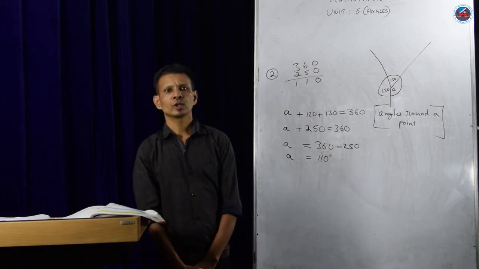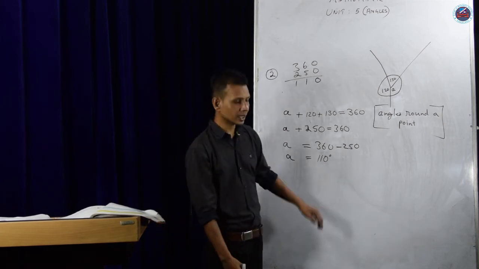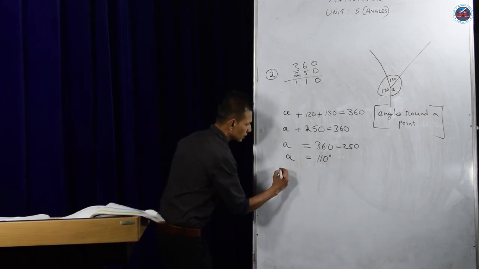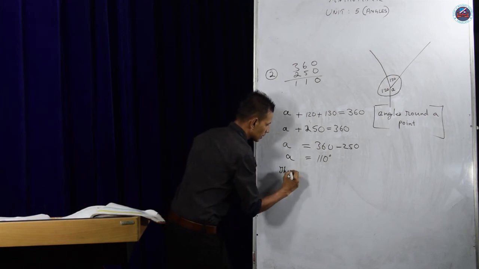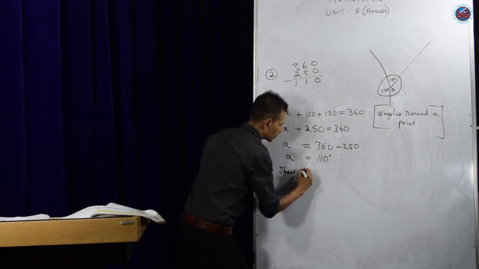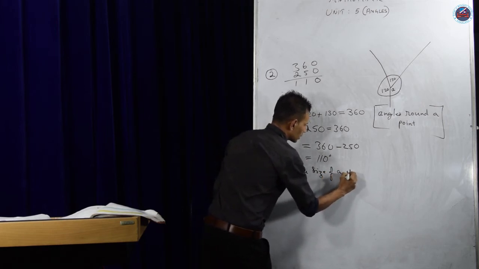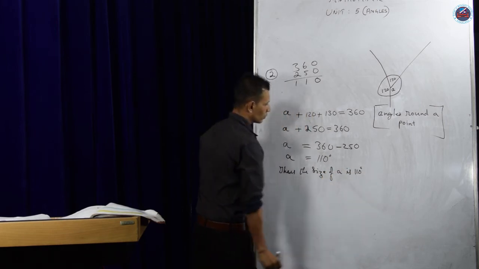Now you are not so sure whether your answer is correct or not. How will you know? Thus, the size of A is 110 degrees. Don't forget to calculate.